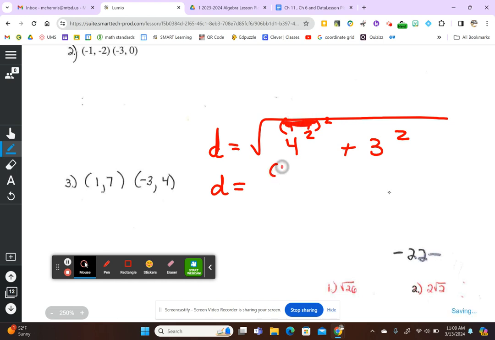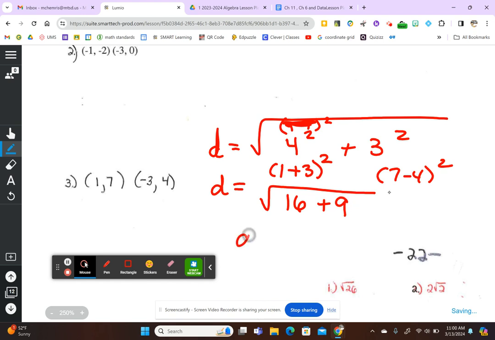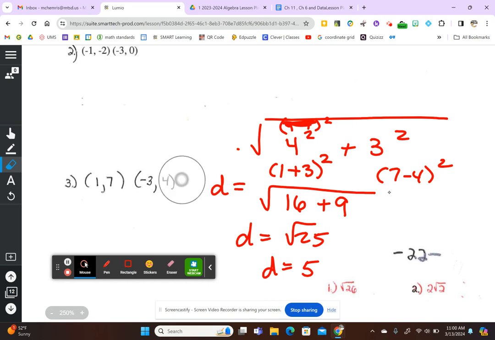This is 1 minus negative 3 squared, and this is 7 minus 4 squared. So you know where I got that. So d equals the square root of 4 squared is 16 plus 3 squared is 9. This becomes the square root of 25, which equals 5. Okay, so now you're going to turn the page and do the next 6 on your own.